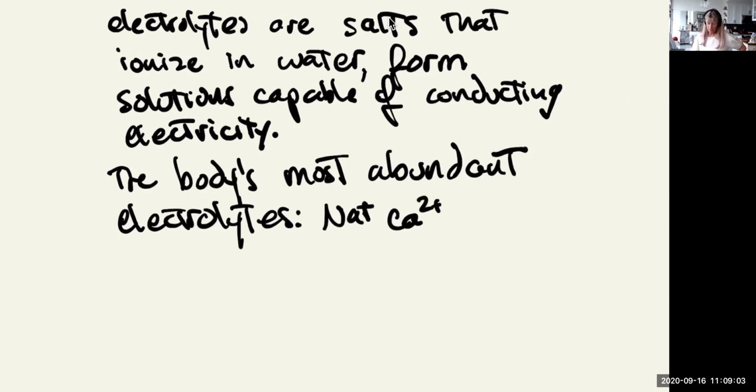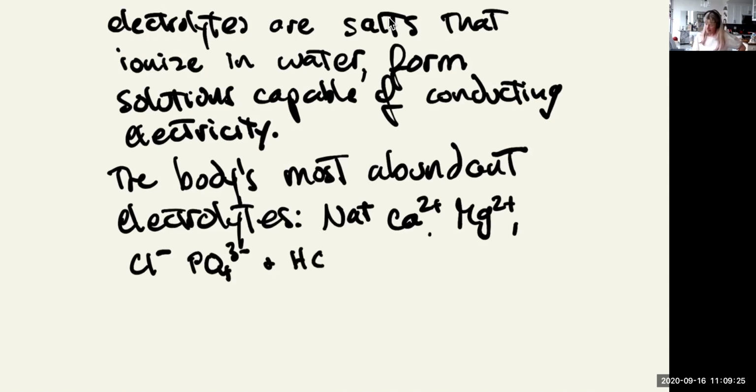Calcium has a double positive charge. Magnesium, also a double positive charge. Chloride, negative charge. A phosphate, a triple negative charge, and we'll see how that makes it such a fantastically energetic molecule in ATP. And bicarbonate.